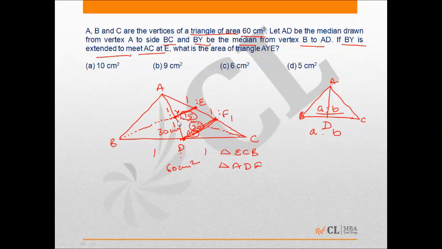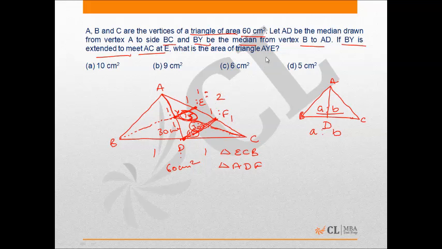So this triangle AYC, the area of this triangle we have already calculated, which is 15. This 15 will be divided in the ratio AE to EC, which is 1:2.